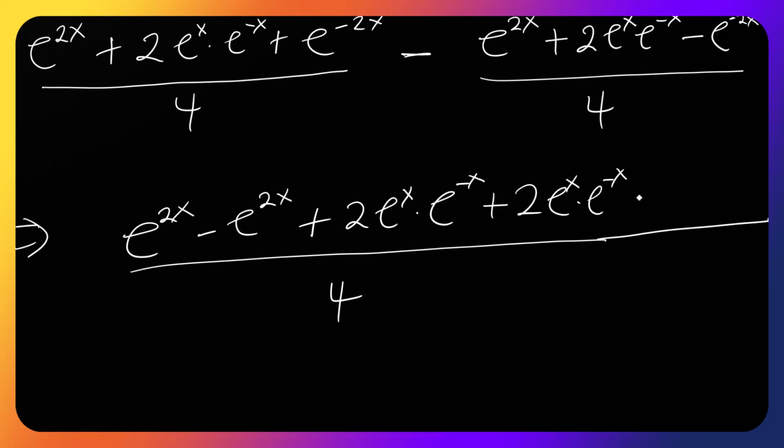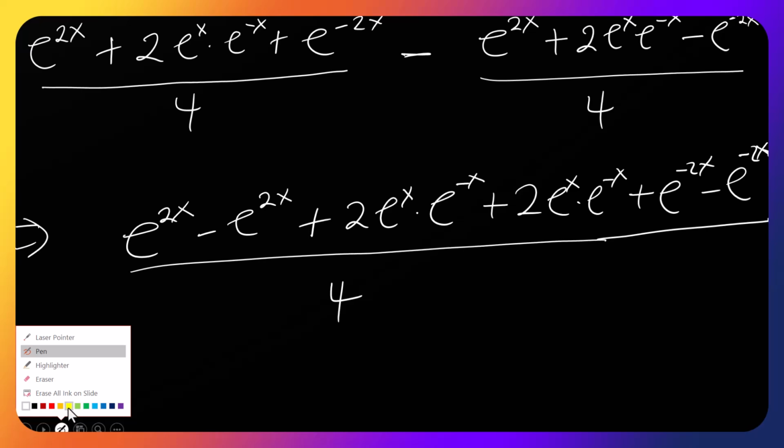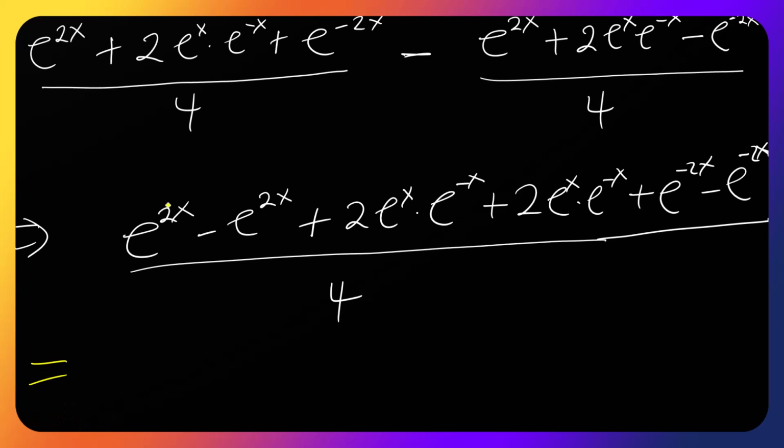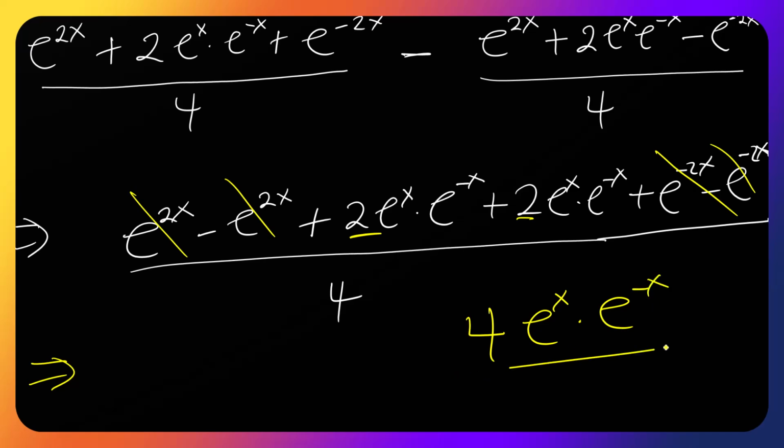And we have plus e raised to minus 2x minus e raised to minus 2x. Simple as that. From there, this one will cancel, and this one will cancel. So 2 plus 2 is 4. So we have 4 e raised to x times e raised to minus x on 4.